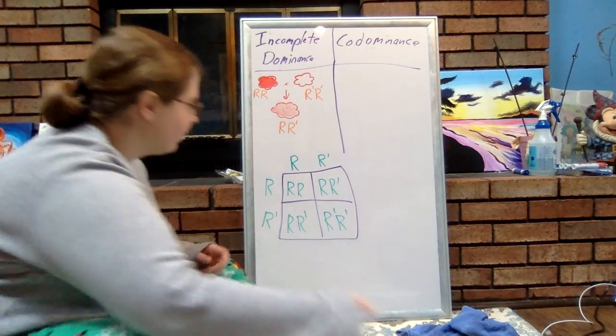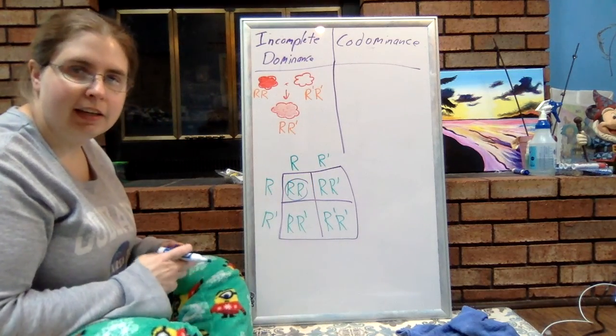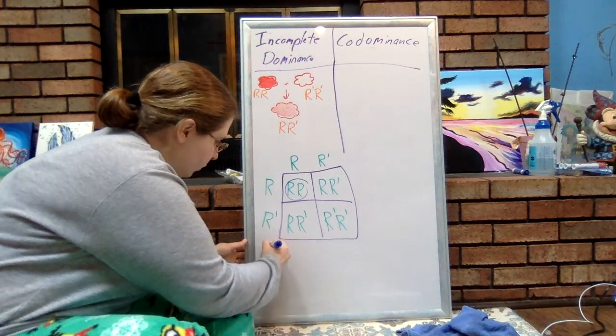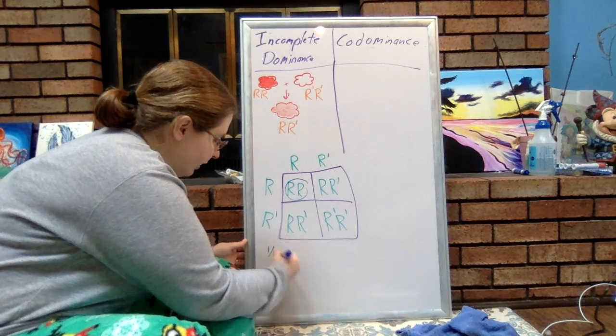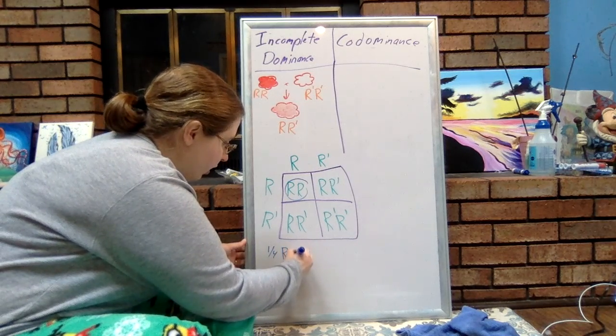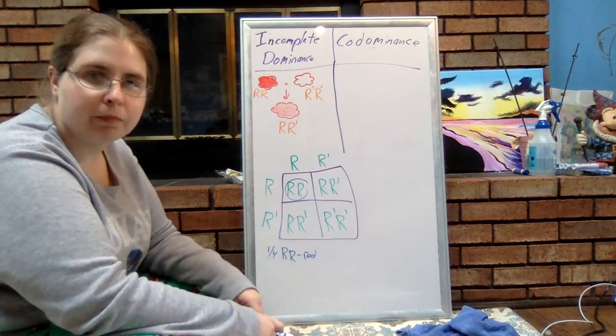All right, so let's analyze this. We have one box that is two plain R's. So 1 out of 4 boxes, or 25%, show RR, and will be red.